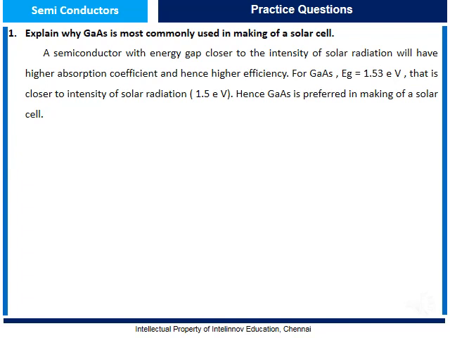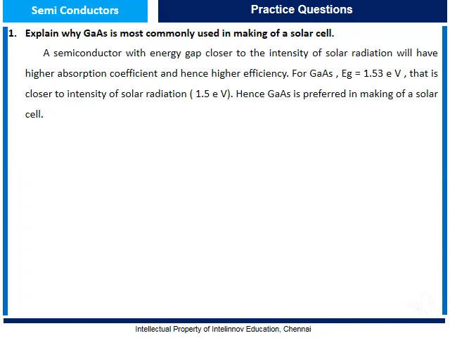For gallium arsenide, this energy gap is equal to 1.53 electron volt. That is closer to the intensity of solar radiation, which is equal to 1.5 electron volt. Hence, gallium arsenide is preferred in making of a solar cell.